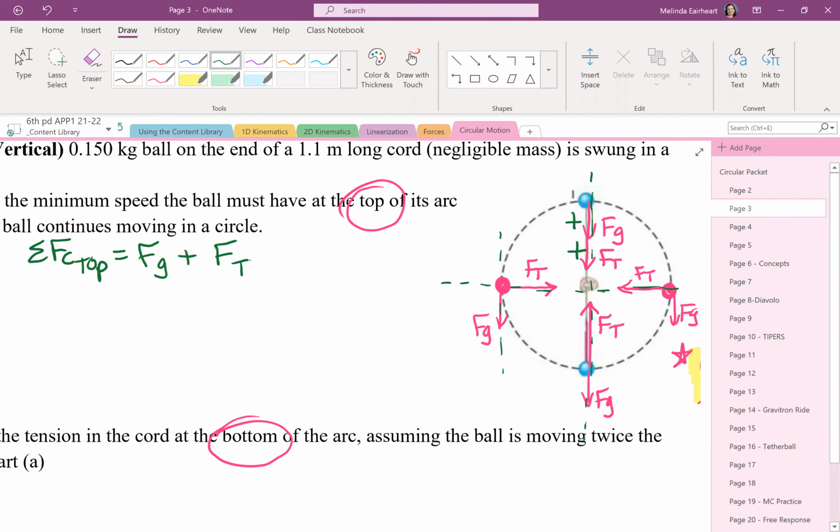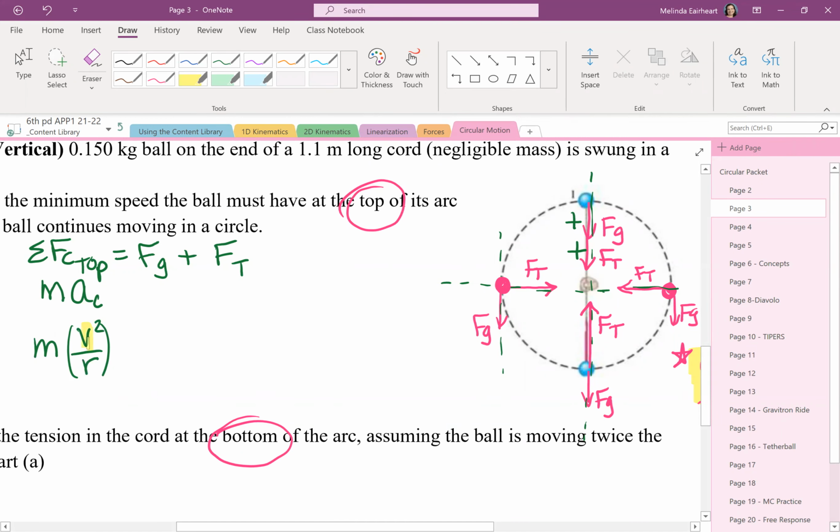Okay, we're looking for speed. Which of these forces is going to contain our speed? Well, it's not weight, it's not tension. F net equals mass times acceleration. And since we're moving in a circle, it's centripetal acceleration. I still don't see speed. Our new equation for centripetal acceleration, what can I plug in? v squared over r.